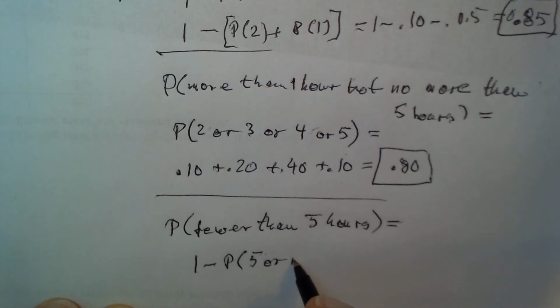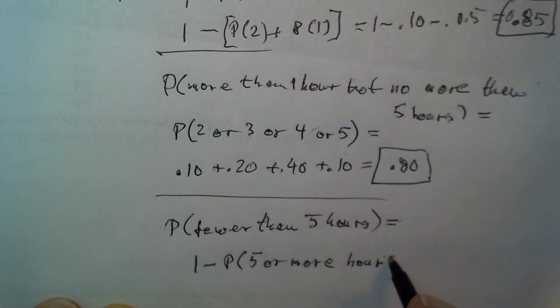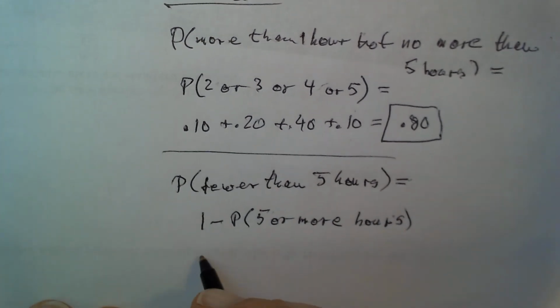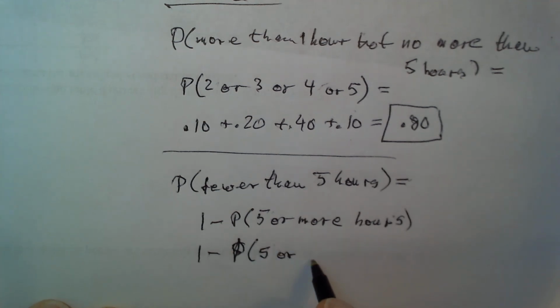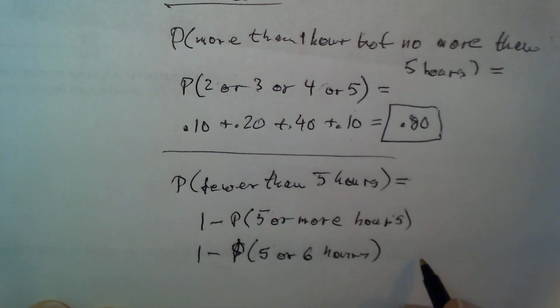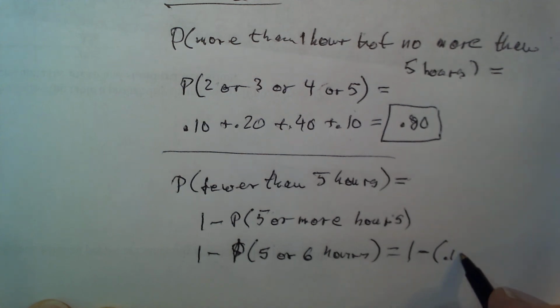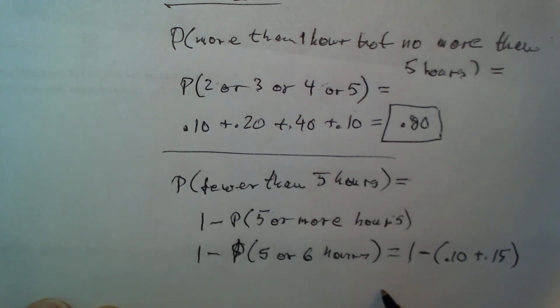So that's equal to 1 minus the probability of studying 5 hours or 6 hours, so it'd be 1 minus 0.10 plus 0.15, so it'd be equal to 0.75, pardon, 0.75.